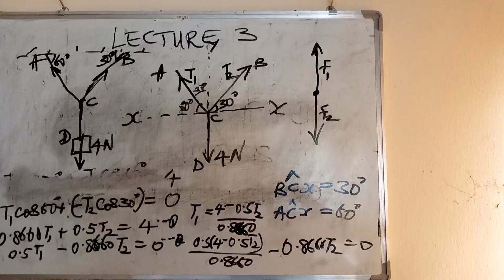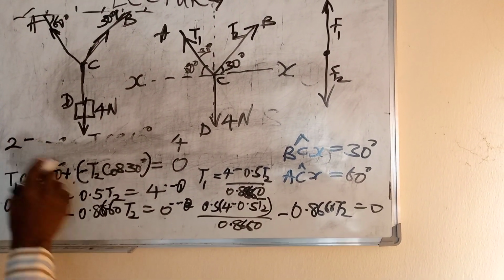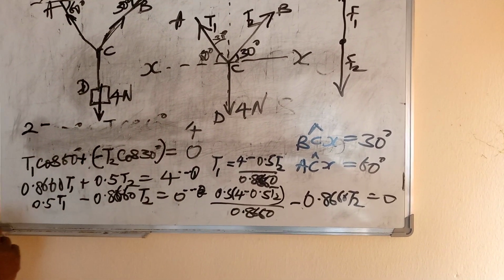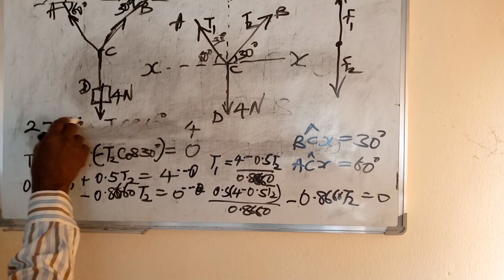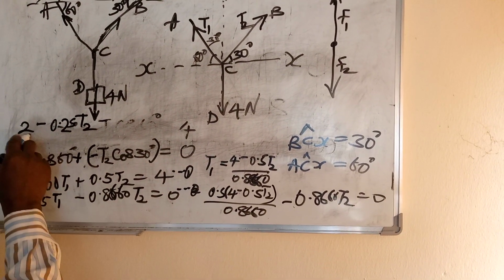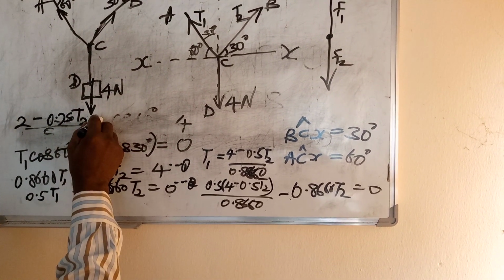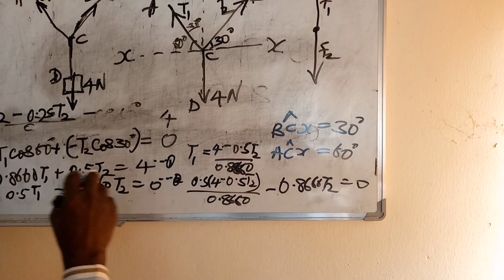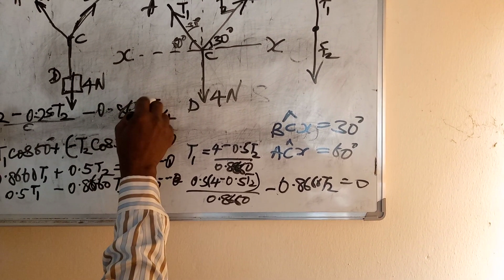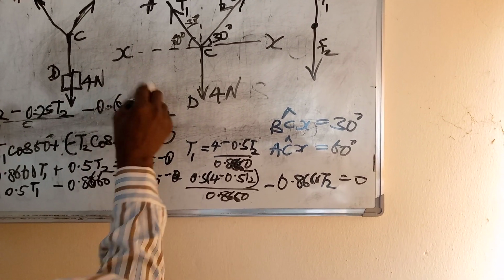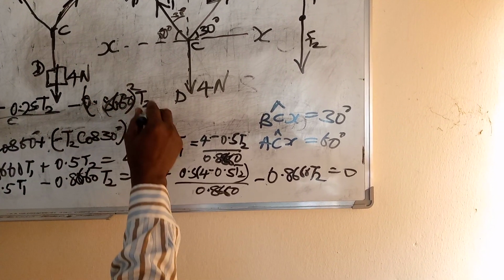So I have 0.5 times 4 is 2 minus 0.25 T2 all over 0.8660, minus 0.8660 T2 is equal to 0.